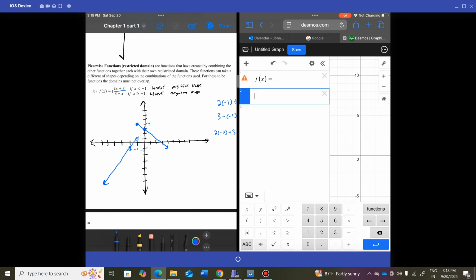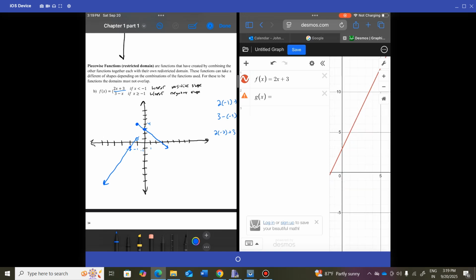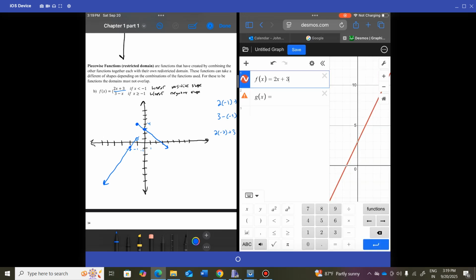Alright, so what we're going to do on here is we're going to do two equations, f of x and g of x, since there's two parts to this. And the reason I'm doing two equations, so if we need to use a table, we can. So first one we'll just plug in 2x plus 3. But notice that it does the whole line. You know, it doesn't just stop. So we gotta tell it when to stop.